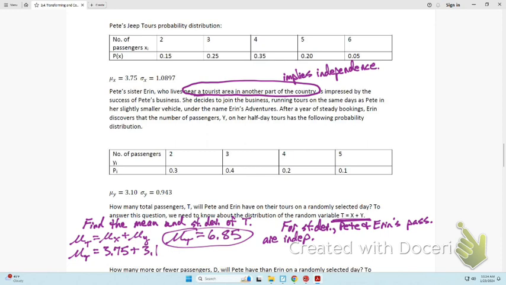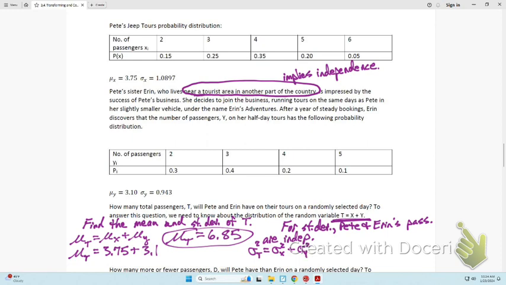So this is just like the Pythagorean theorem. I need to get the variance of t by plugging in standard deviation, squaring it for Pete and Erin.